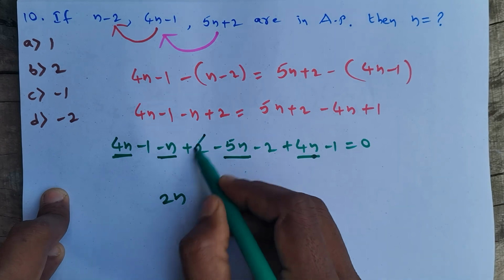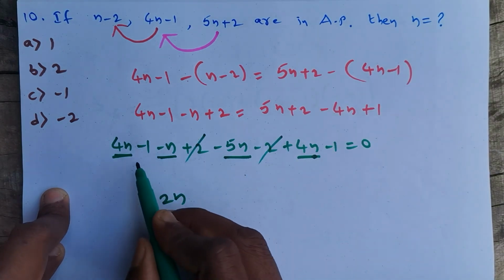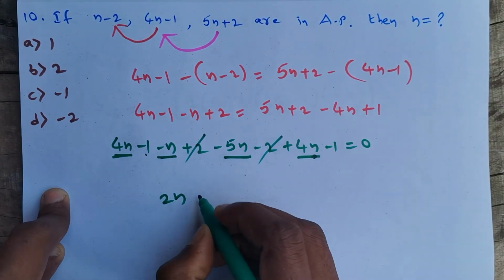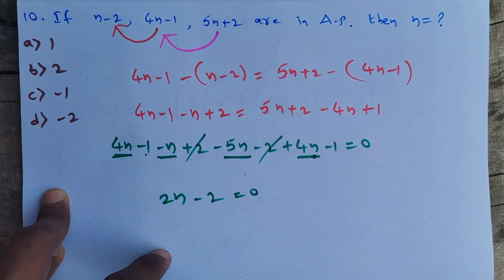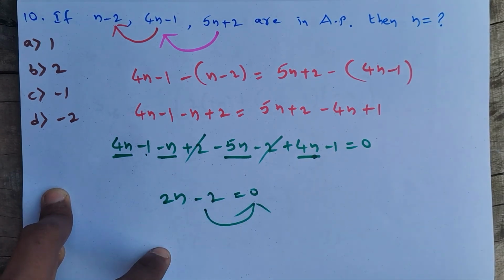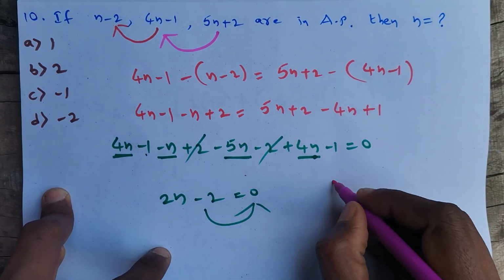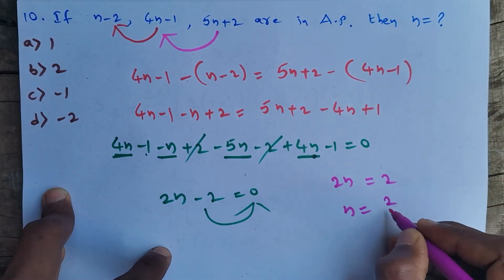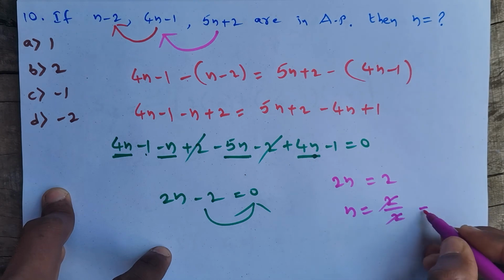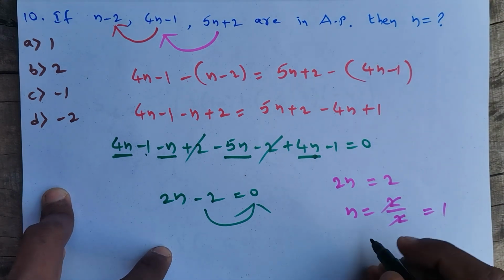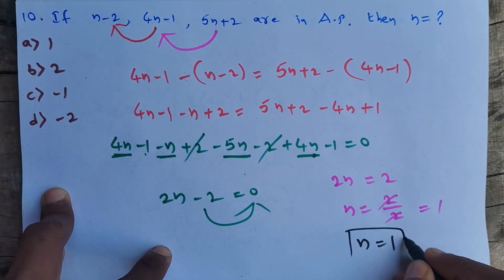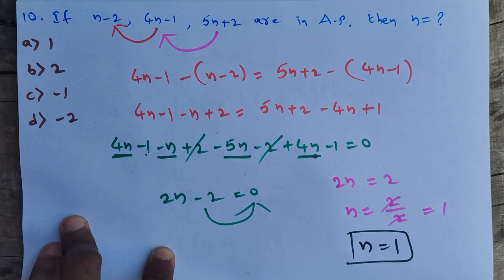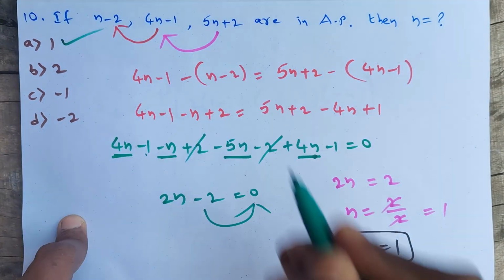Next plus 2 minus 2 cancel, minus 1 minus 2 is equal to 0. I will take minus 2 to the right side, then it will become plus 2. So 2n is equal to plus 2. Then n is equal to 2 by 2. 2 cancel. We remain with 1. So the n value is 1. Option A is the correct option.